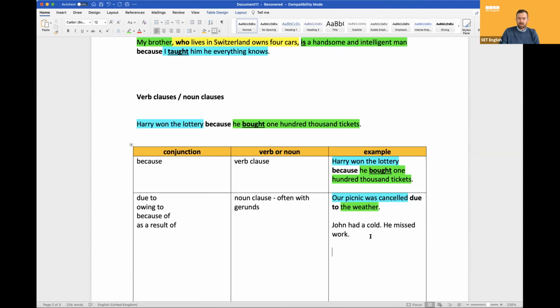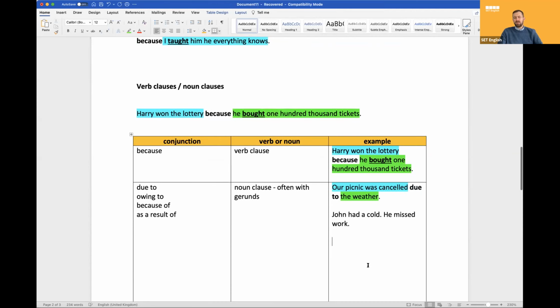Okay. So John had a cold. He missed work. Now, where's the verb in the first sentence? Had. And in the second one? Missed. Now, what if I started this? John missed work. Okay, there's a verb. But then I put due to having a cold.